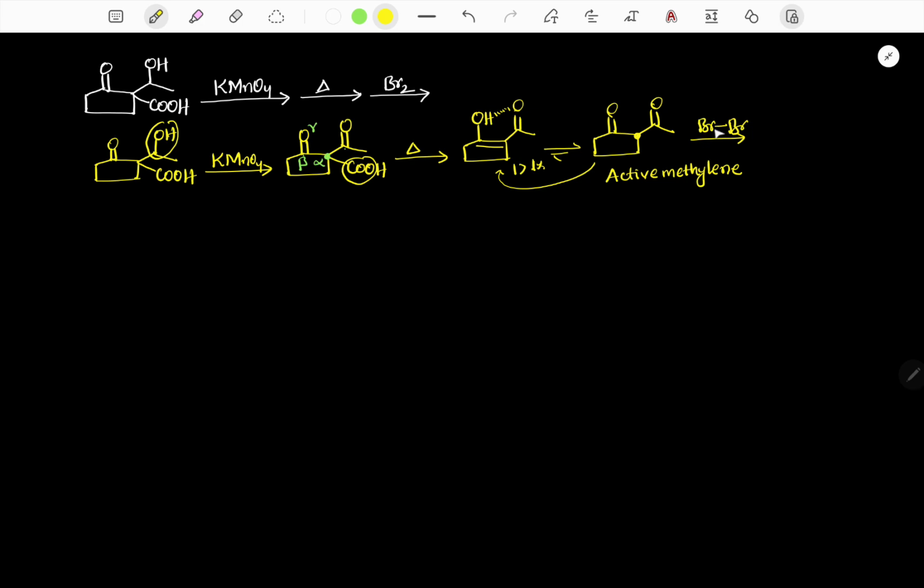So whenever we are adding electrophile, the tautomeric proton is replaced by electrophile. It is simply electrophilic substitution. So this is our corresponding product.